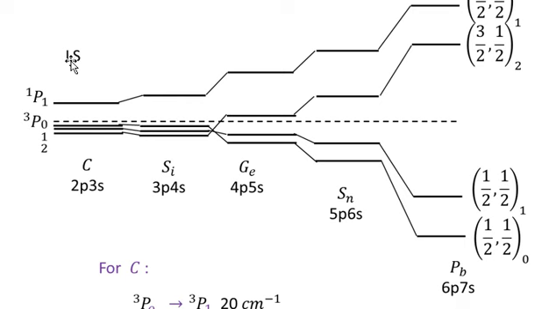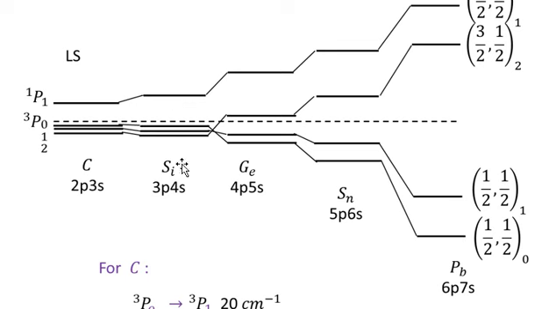And for the carbon, I have shown the LS coupling. For the LS coupling, the terms are: the highest energy term is 1P1, and the lowest energy terms are 3P0, 3P1, and 3P2. So these are the four energy terms due to LS coupling.